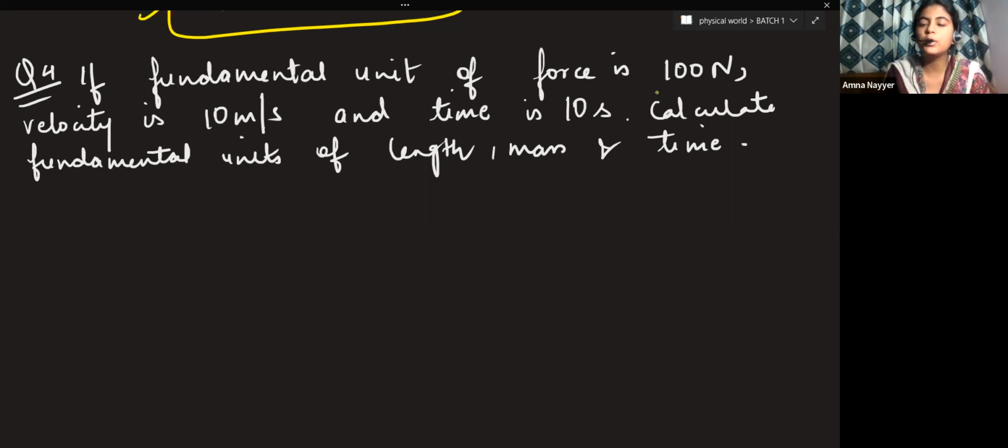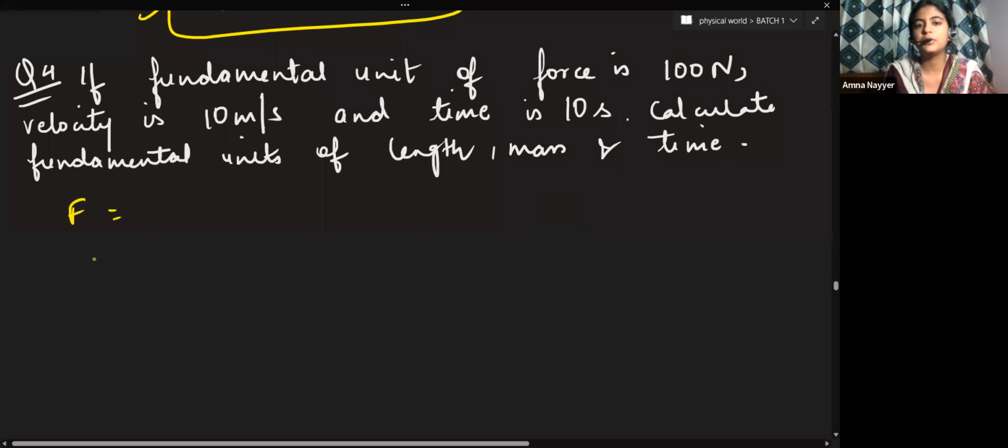See, the fundamental unit of force is given to you as 100 Newton. What are the dimensions of force? MLT to the power minus 2. How am I writing this? Mass multiplied by acceleration. Acceleration is velocity by time. Velocity is distance by time. So in this manner, you can keep on writing.